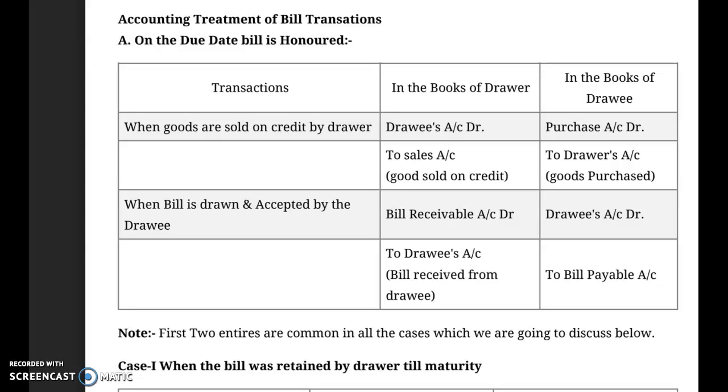Now in all these four cases, depending upon the case, we have to record the entries for the dishonor of a bill. But please understand, in the books of the drawee, the entry will be common. Now when a bill is dishonored, there is a very important legal process, that is getting its notification.